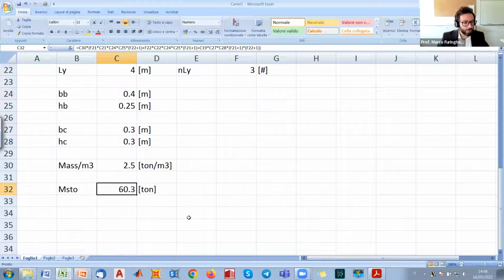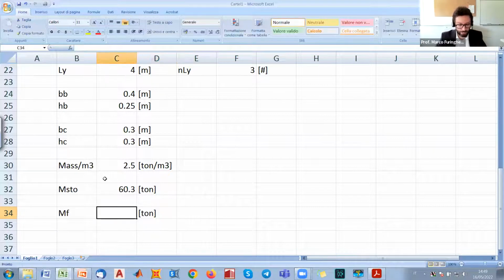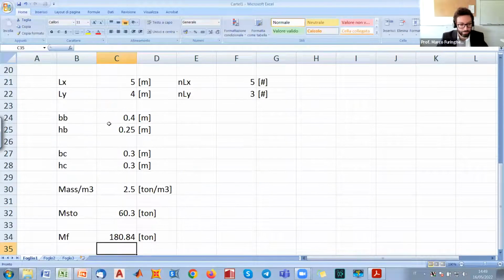So this is just a single story, and then the total mass of the frame is equal to the single story frame mass times the number of stories. So 180 tons, 81.